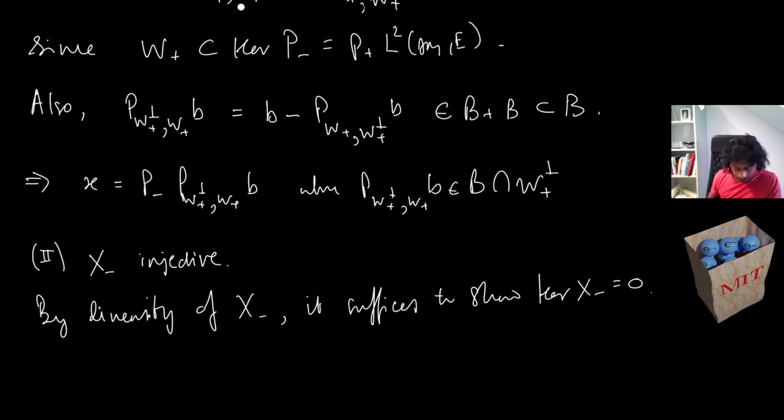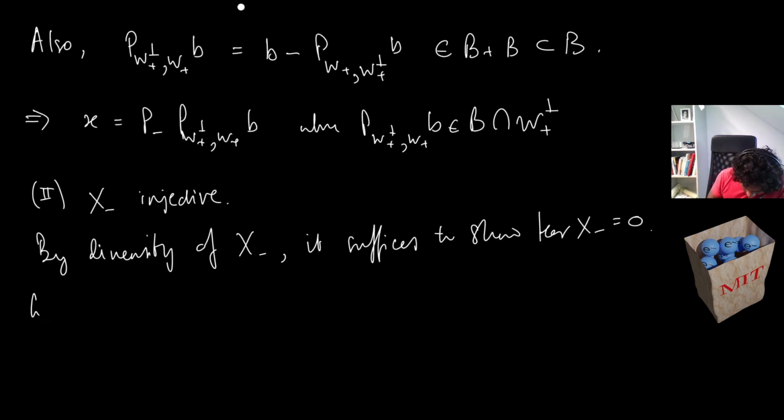Okay? So now let U be in B intersect W plus perp such that X minus of U is 0, right?